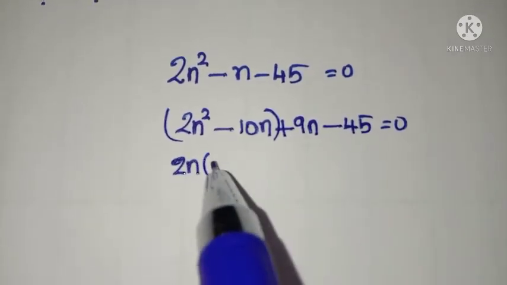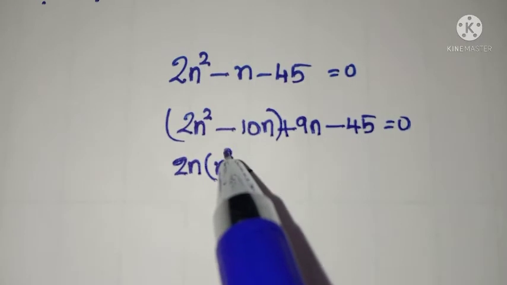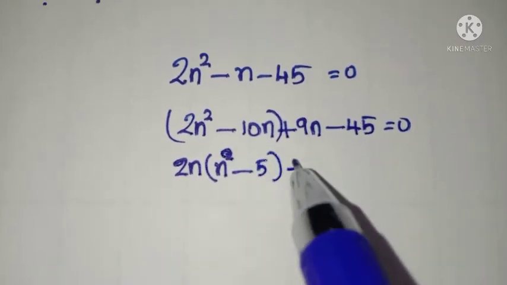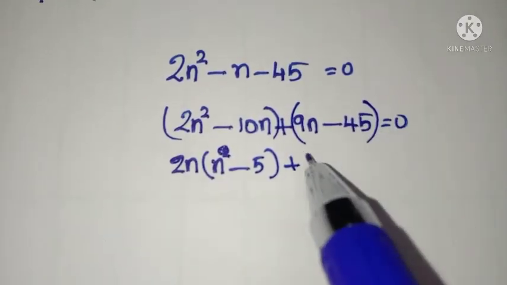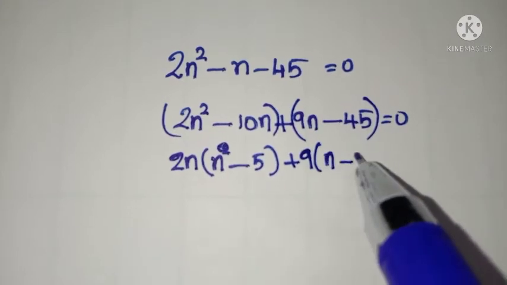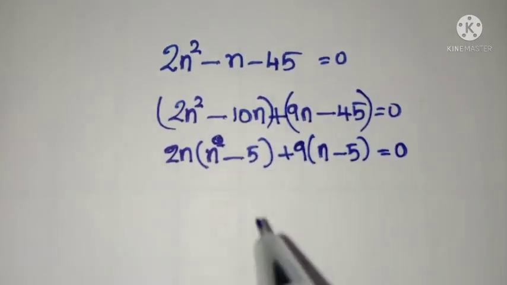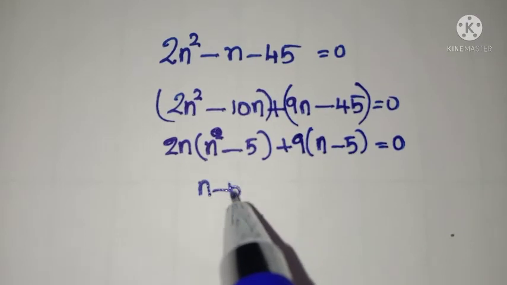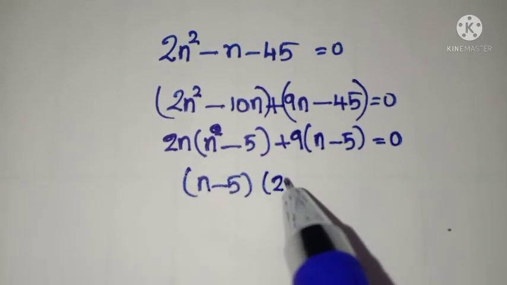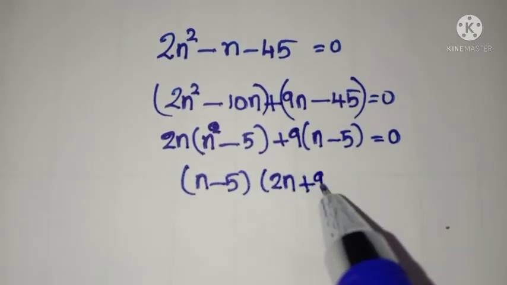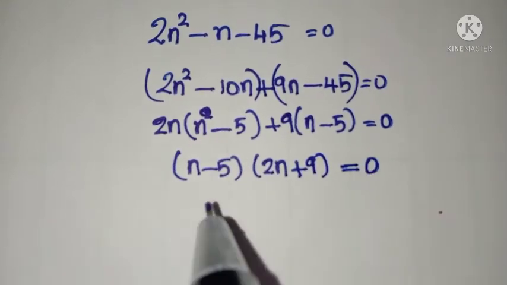So 2n is common, so take it outside, remaining n minus 5. From these two terms, 9 is common, so n minus 5. So this is equal to n minus 5 into 9 plus 2n, which is equal to 0.